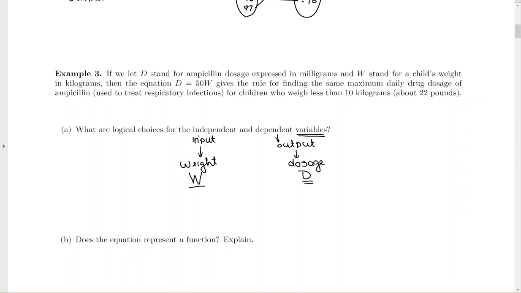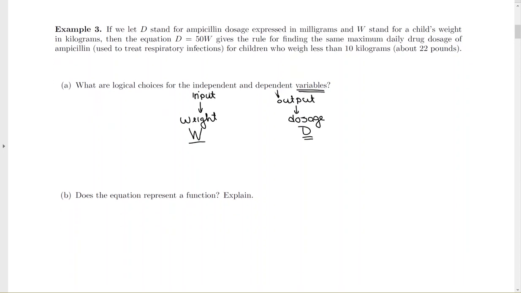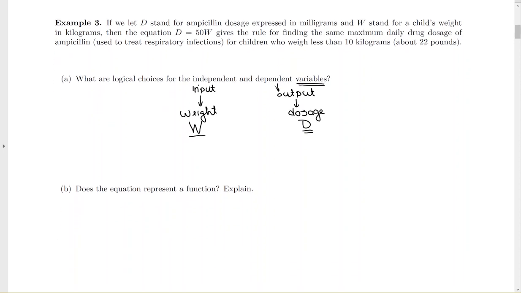Does the equation represent a function? Well, one thing you could do is graph it on your calculator. Type in Y equals 50x, because we don't have D's and W's on graphing calculators, and look at the graph of it, see if it passes the vertical line test. But more importantly, since this is a word problem, think about it logically. If I have one weight, one input variable, am I going to have two different dosages?